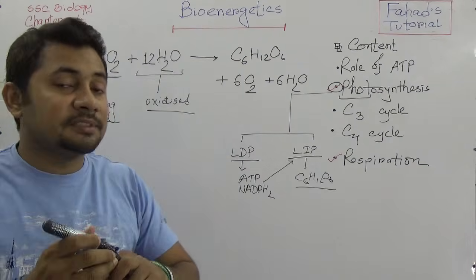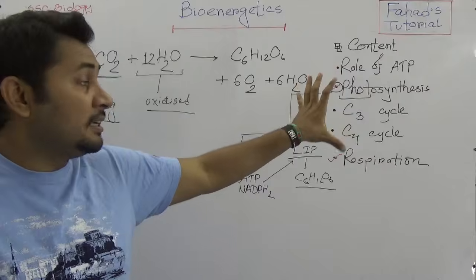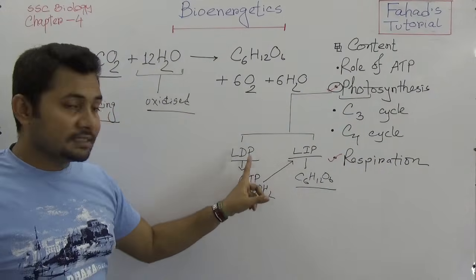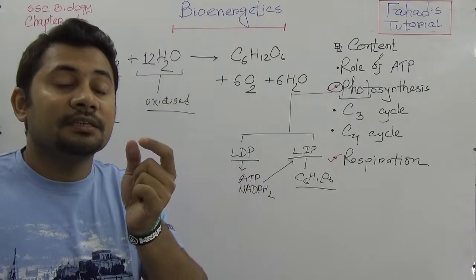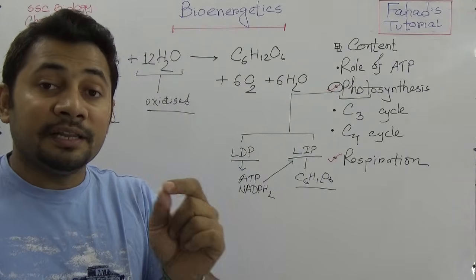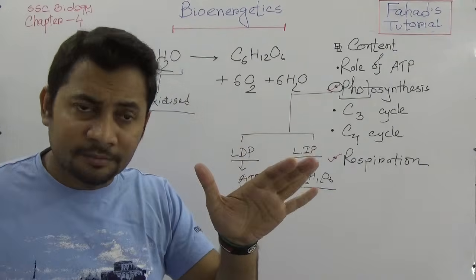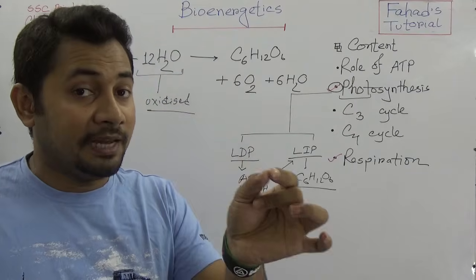In this class I'm just explaining the primary concept of the chapter that I will discuss on the next class. So we will be discussing what LDP is, that means light dependent phase. But in chapter 10, when you study phytohormones, LDP has a different meaning, which is long day plants.